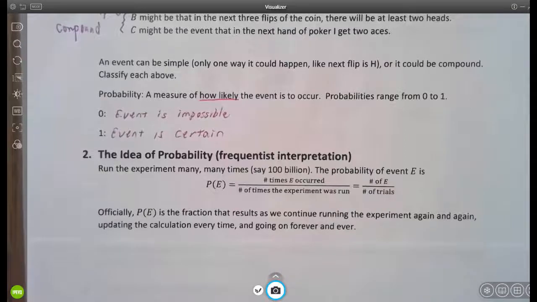Now, officially, if you wanted the exact definition, you'd start talking about repeating this experiment over and over into infinity, and always updating.